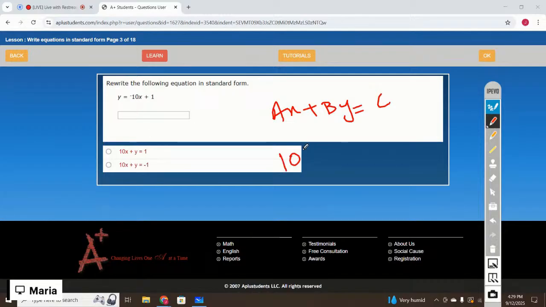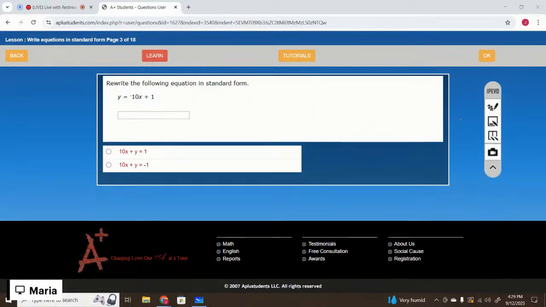So let's just rewrite the equation. That would be 10x plus y equals 1. Option number 1 is the correct option.